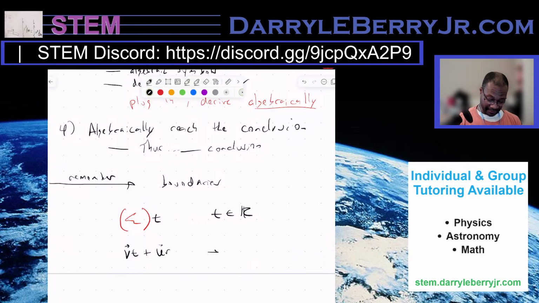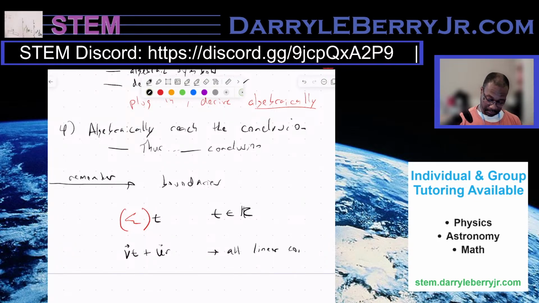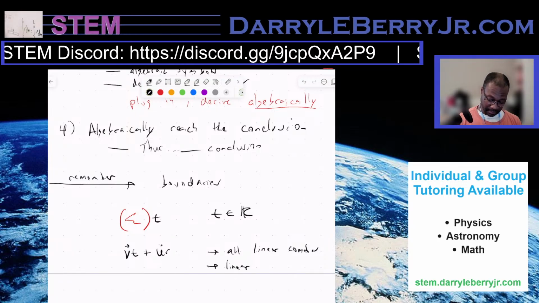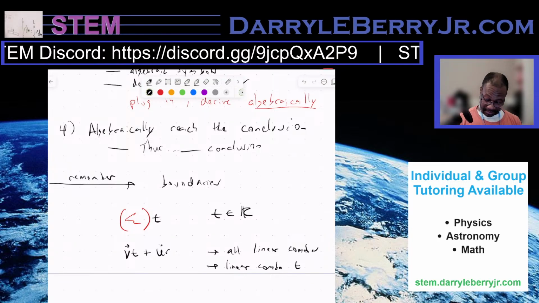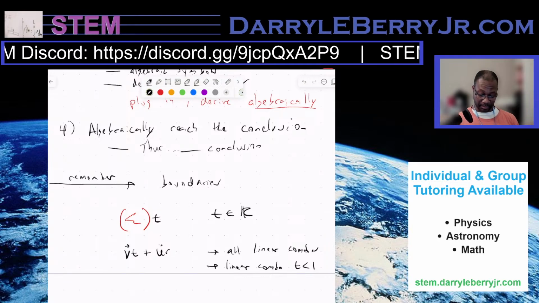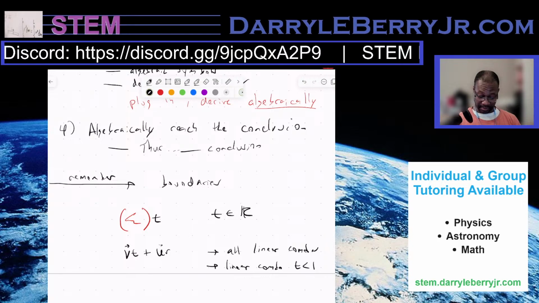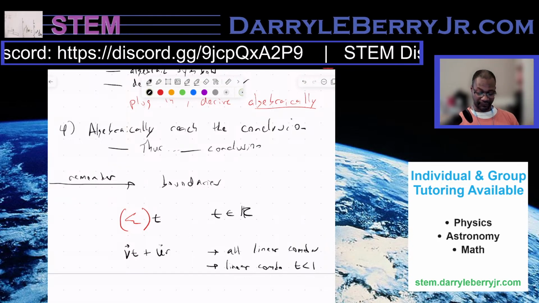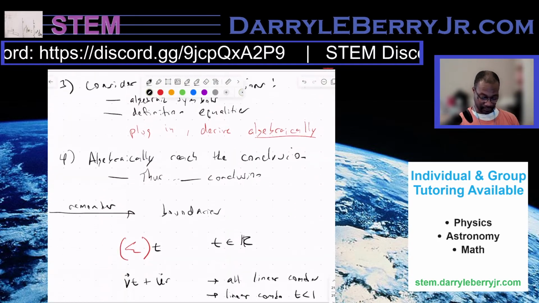You have to specify if it's all linear combinations or if it's linear combos. Let's say t is less than 1. So make sure you specify for every single problem or proof what the bounds are for any variables that are not directly and clearly defined in any definitions or what have you.